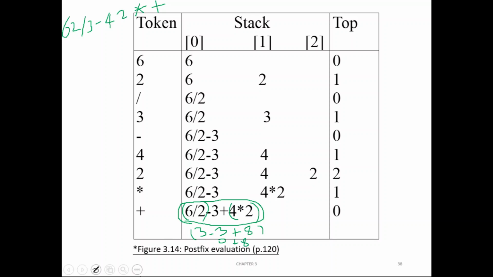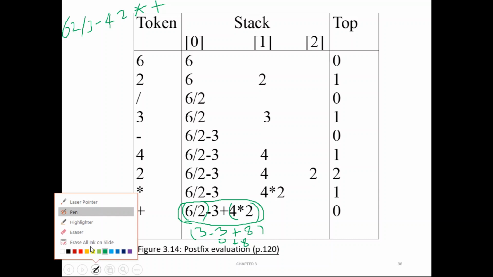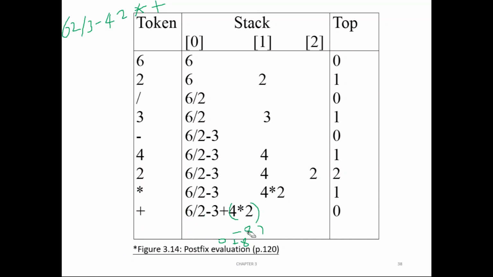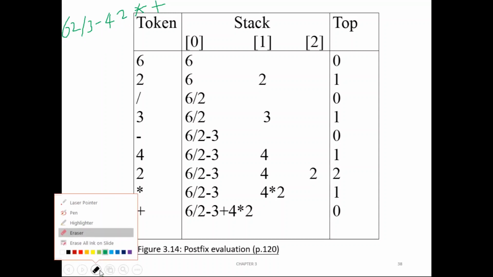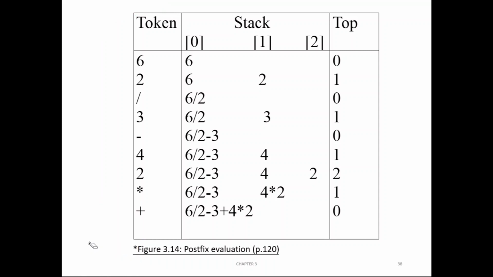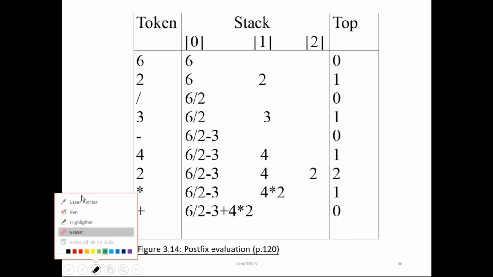Now given this particular postfix expression, 6 2 slash 3 minus 4 2 star plus, how can it be evaluated by the compiler using a stack? That is what we are going to discuss.